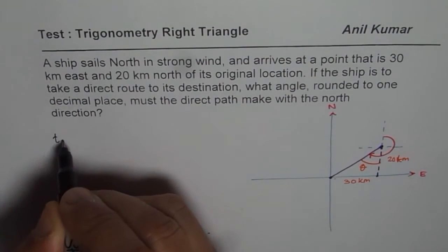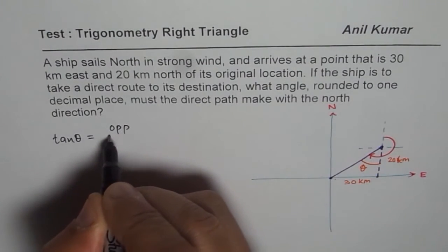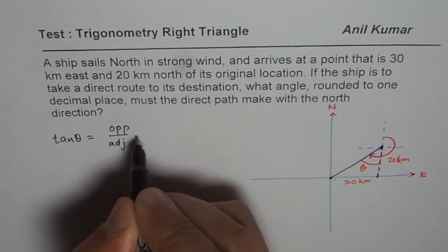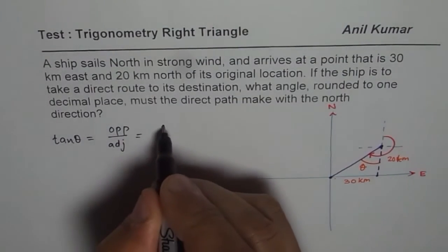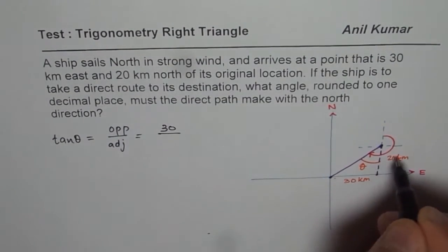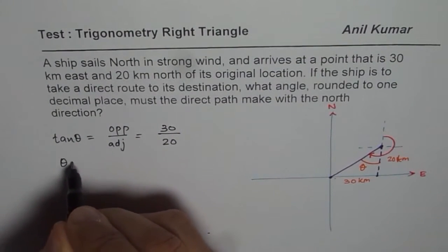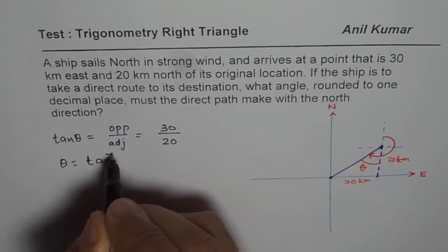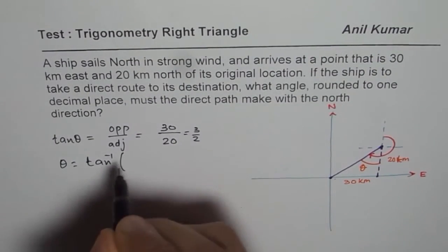So I can use tan theta equals opposite over adjacent. In this case, tan theta's opposite side is 30 and adjacent is 20. So now we can find what theta is. Theta is tan inverse of 30 divided by 20. You could write 3 over 2 also.